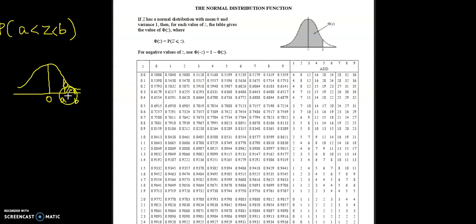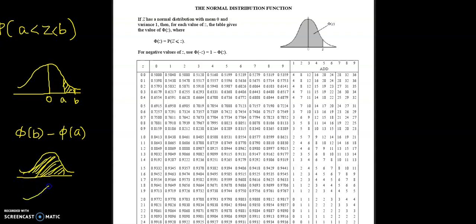To find this region, you will have to find the value from the table for B, that is phi of B, and subtract phi of A from that. Then I will be able to get this shaded region. How is this possible? When I'm finding phi of B, I actually get this particular region.